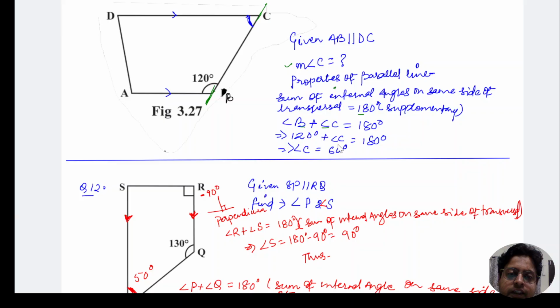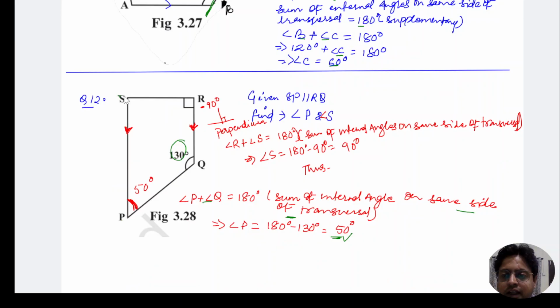So angle P we found is 50 degree. Similarly, we use the property that the sum of internal angles on same side of transversal, if we consider this SR as a transversal, is equal to 180 degrees. So this is 90 degrees. So this is also going to be 90 degree.